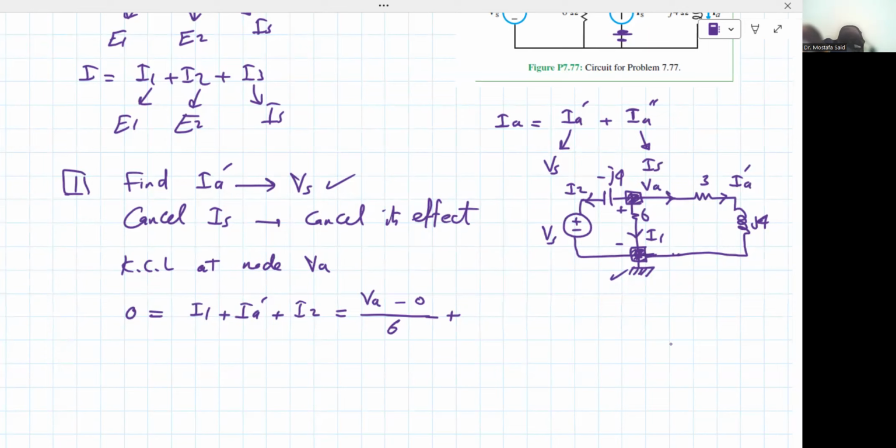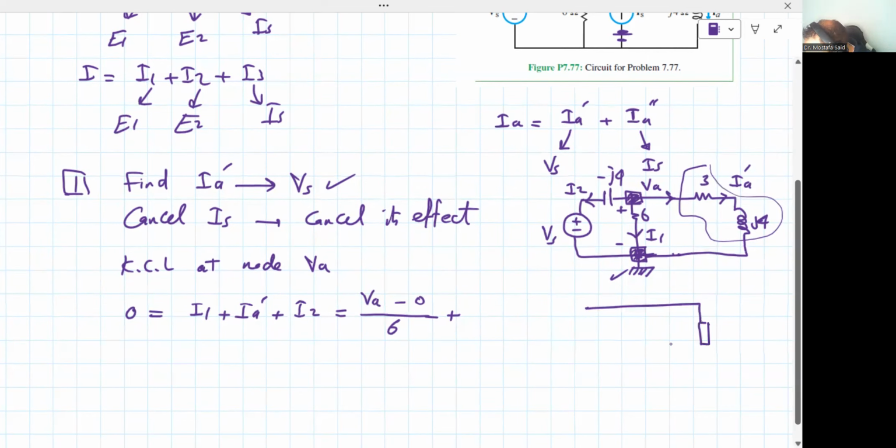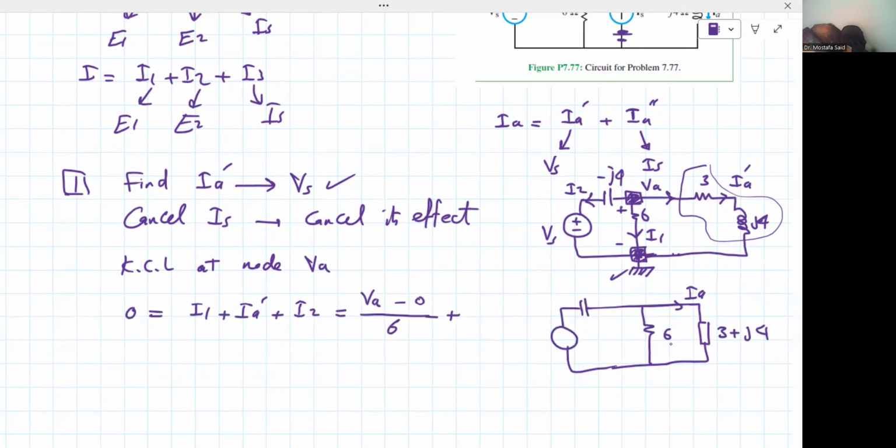So IA dash is flowing into the reactance 3 plus G4. So we can draw this in this way. Just one reactance, 3 plus G4 impedance, whatever you call it. 3 plus G4. This is 6. This is IA dash.